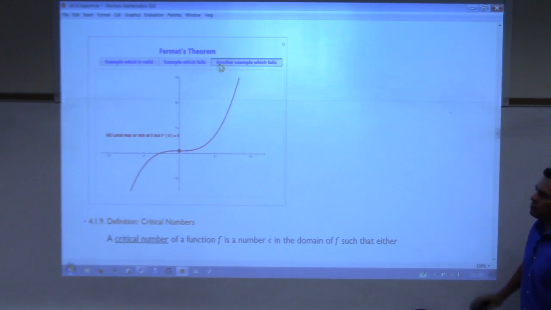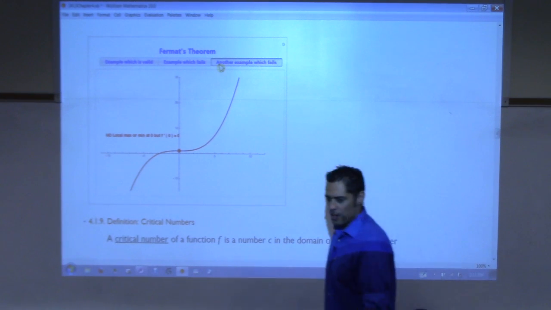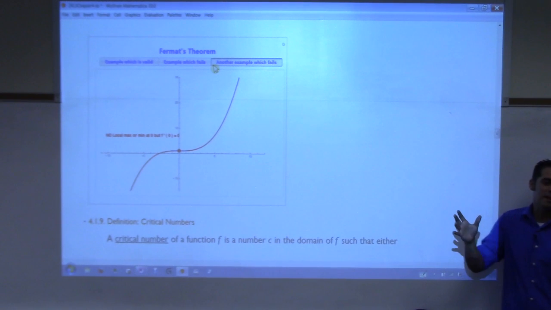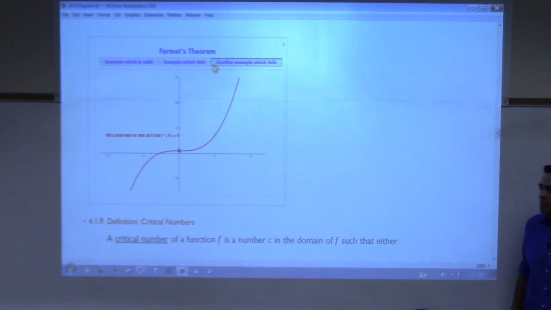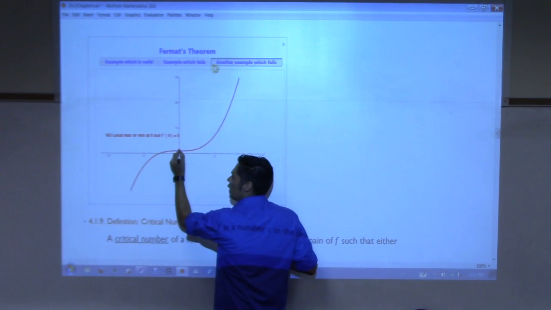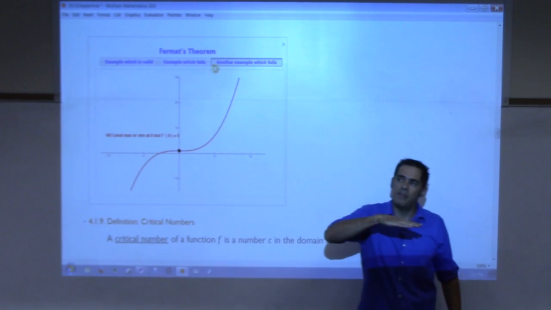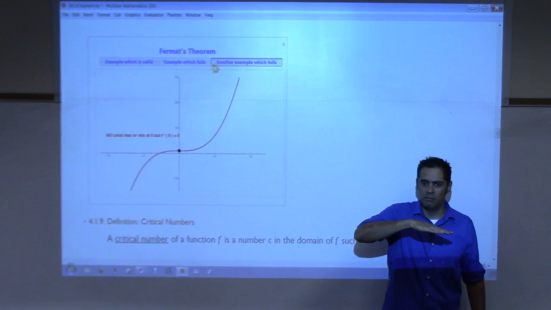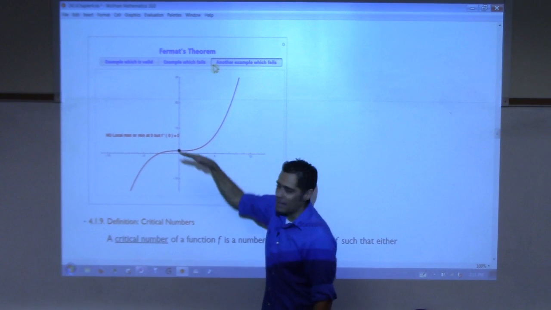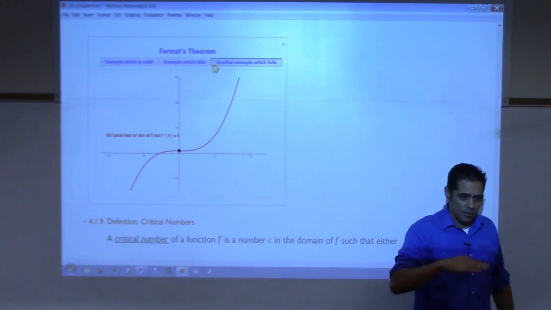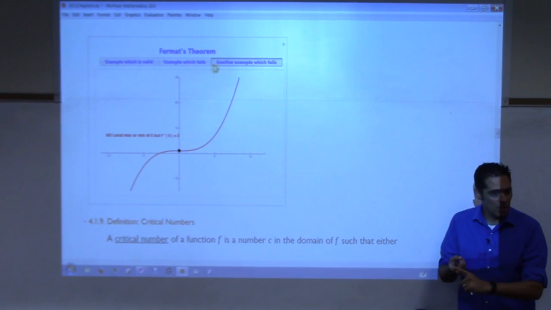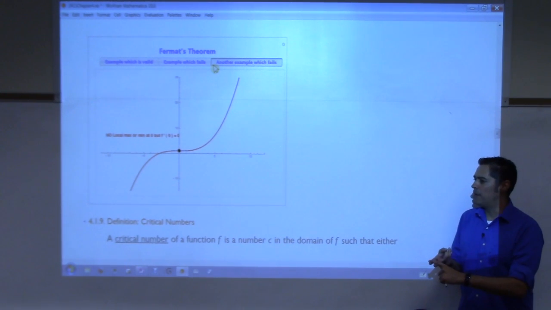Another example that fails. Although I said show a local maximum, this doesn't have a local maximum, right? So look at what this is showing us. Does the derivative exist? Yeah. Is it 0? Flat tangent line? Yes. So the derivative exists and the derivative is 0. Does that mean you have a local maximum or minimum?